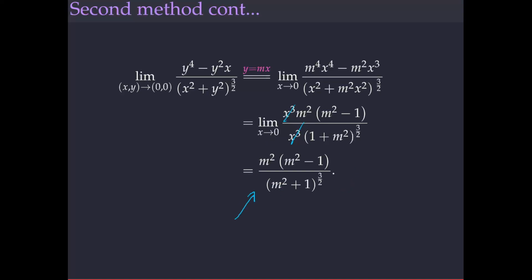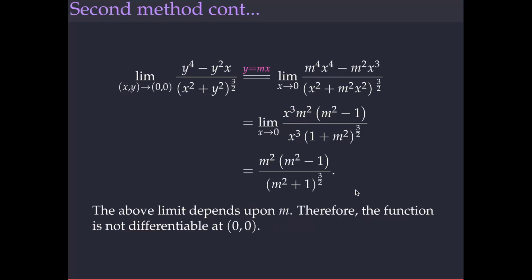Now you see that this depends on m. So it means that if I change the value of m, the value of the limit changes, and therefore the limit does not exist. Hence the function is not differentiable at (0, 0). So what we saw is two methods to check whether the function is differentiable or not. One method was to compute the directional derivative and see if it is linear or not. If it is not linear at that point, then we conclude that the function is not differentiable.